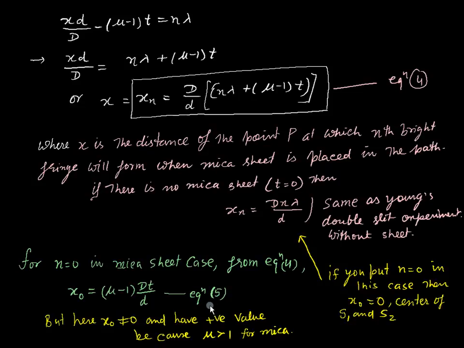Mu is greater than 1. Mu is equal to 1 for air, and for the rest of the media it will be greater than 1. So because mu is greater than 1, x naught will be positive. If x naught is positive, it means it is just above the 0. So the picture which you have seen earlier is in favor of this statement.